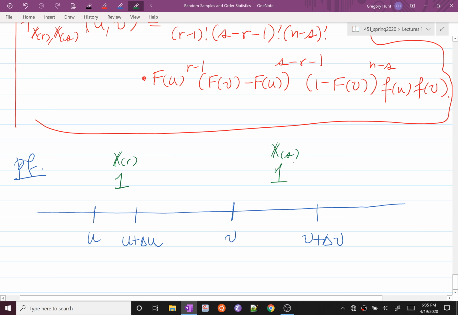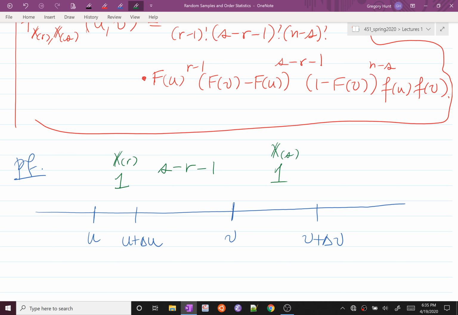And how many things will we have in the interval from u to v? We should have s minus r minus 1. So that's how many things we'll have in that interval. If, say, r is s minus 1, we'll have nothing in the interval. But if s and r are very far apart, we'll have something in there.